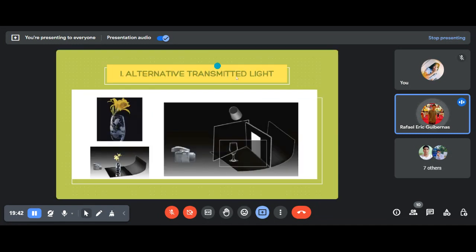So next is alternative transmitted light. An alternative method for forensic imaging of transparent objects, specifically glassware, is in the form of white line and black line lighting.